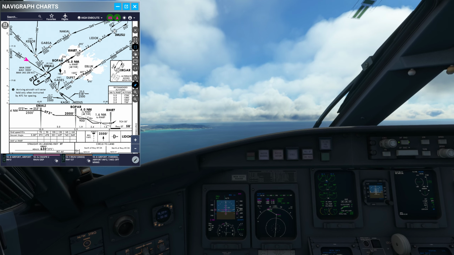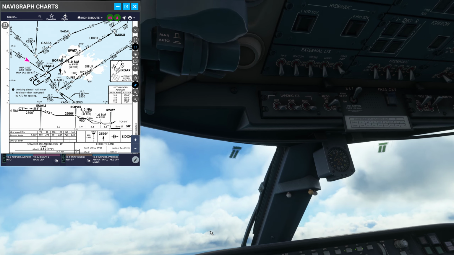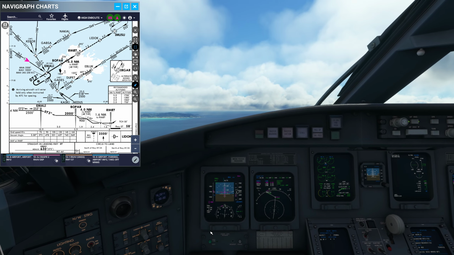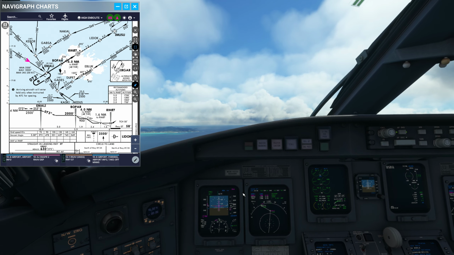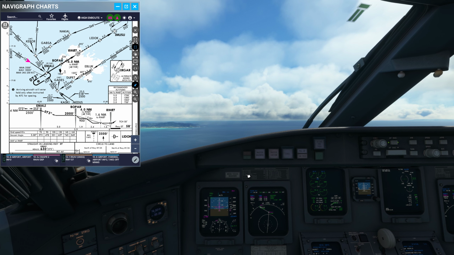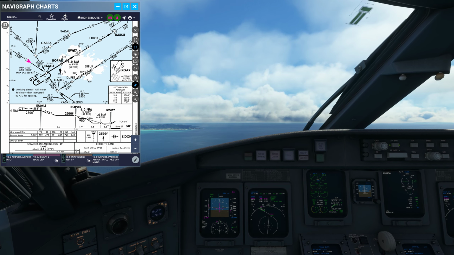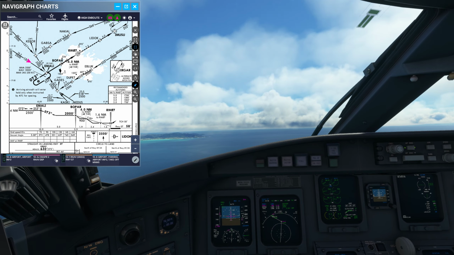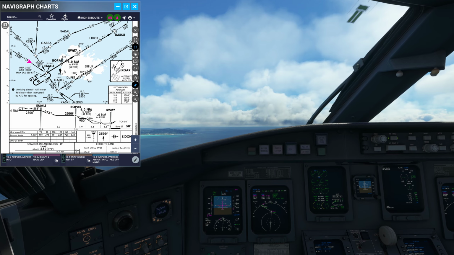I'm going to go 1200 feet a minute so I can get down to 2000 feet. And as soon as we capture 2000 feet, I'm going to put this back up to 2500 so I can make our descent once we cross. A little bit more power.